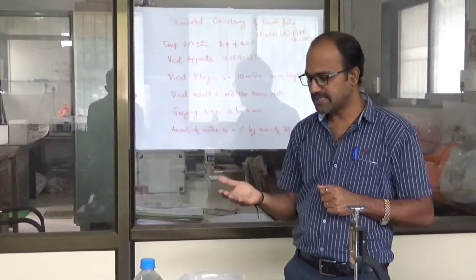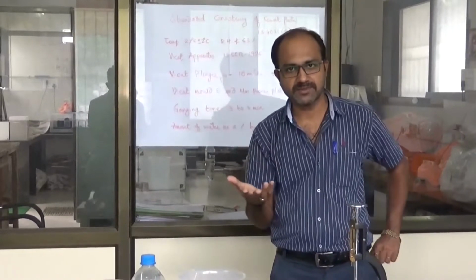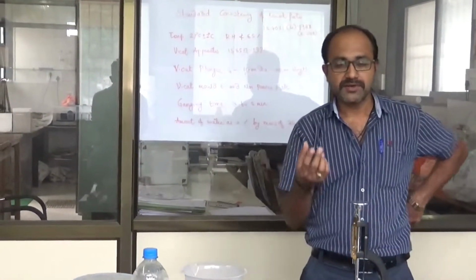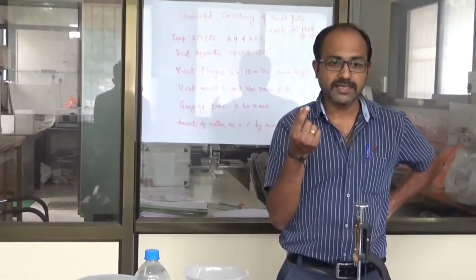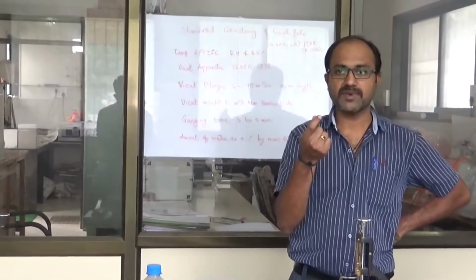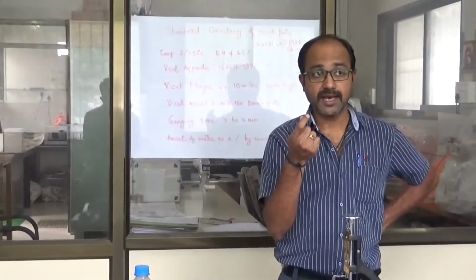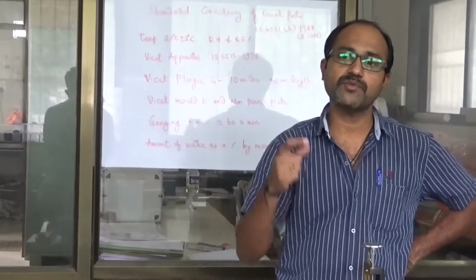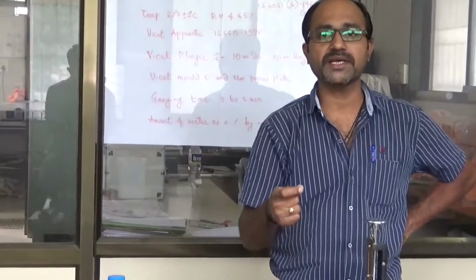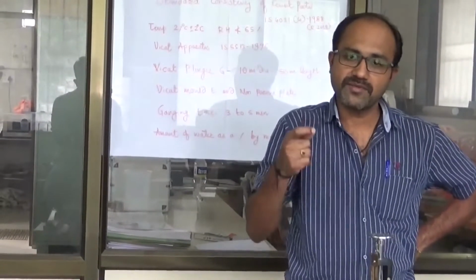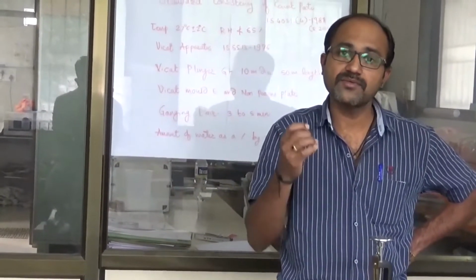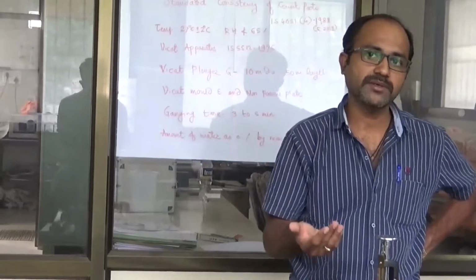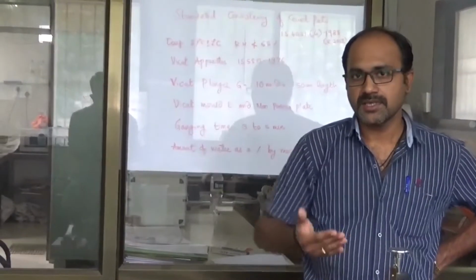Similarly, for PPC cement, which is a fly ash based cement, the fly ash particles are spherical ones, and due to the shape of the particles, the amount of water required to make a paste of standard consistency will get reduced compared to the other cements.